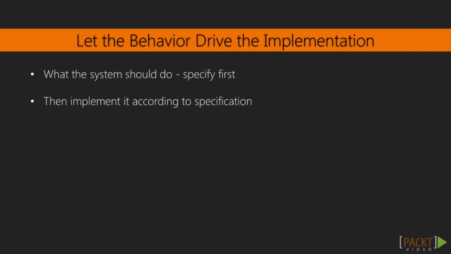It also implies that the implementation should be done from the outside in. That is, first define what the system should do, then implement it from the user interface, and then down the stack. If your system uses a database, allow the feature to drive the database implementation last.